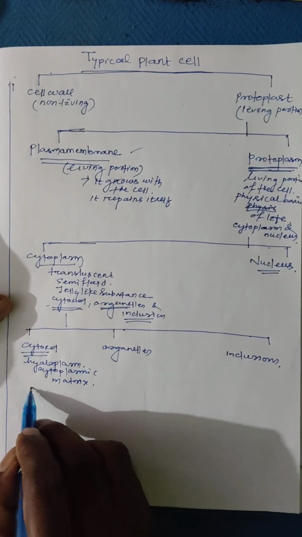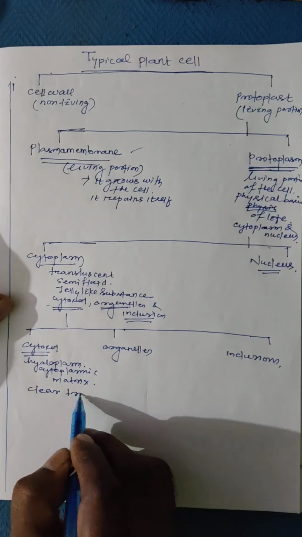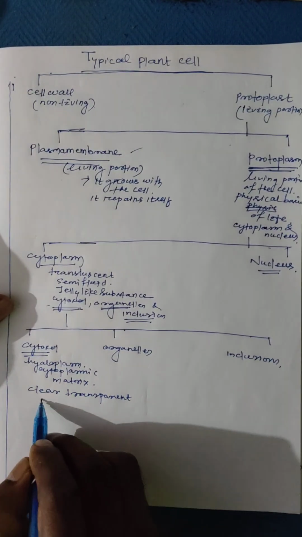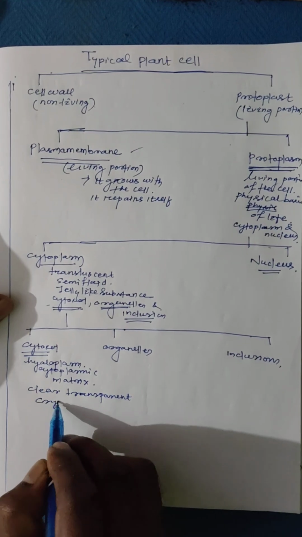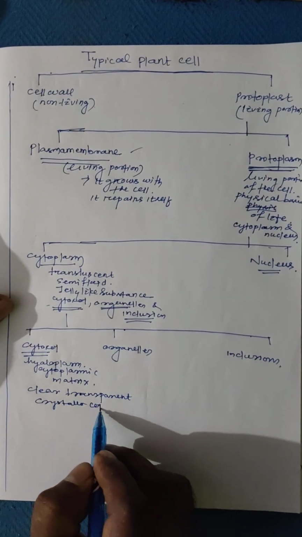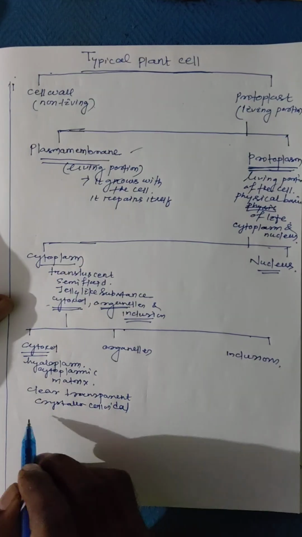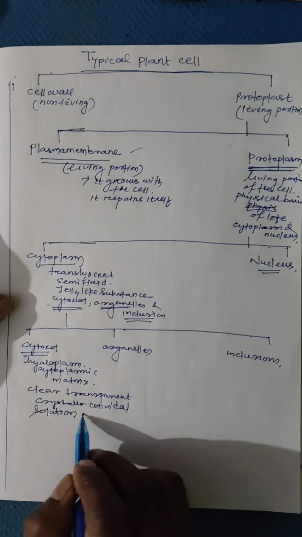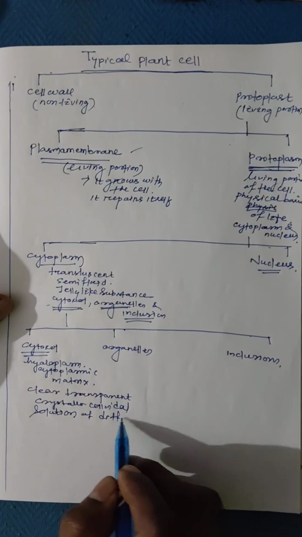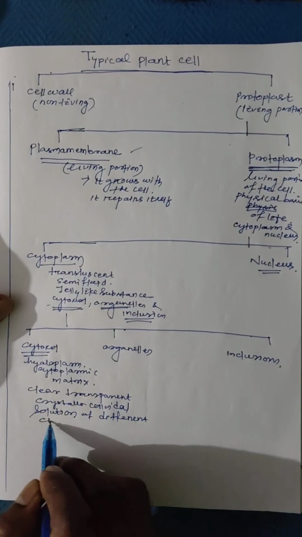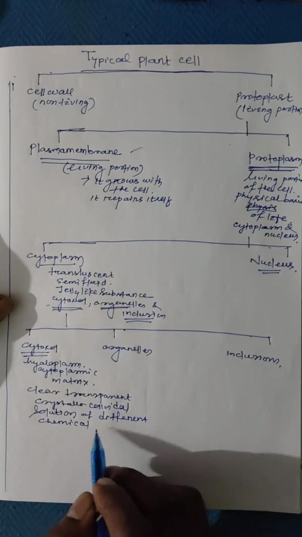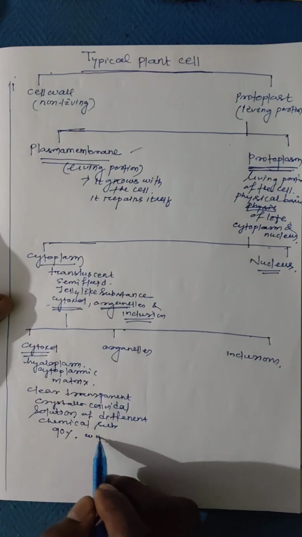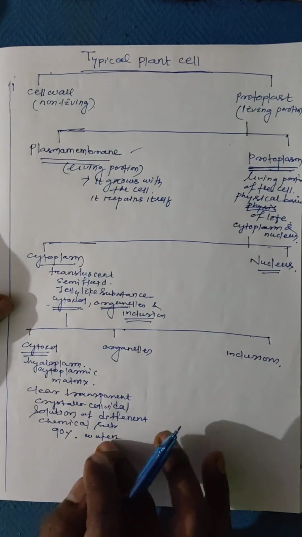The cytosol is a clear, transparent crystallocolloidal solution of different chemical substances. It contains 90% water, and contains various organic and inorganic substances.